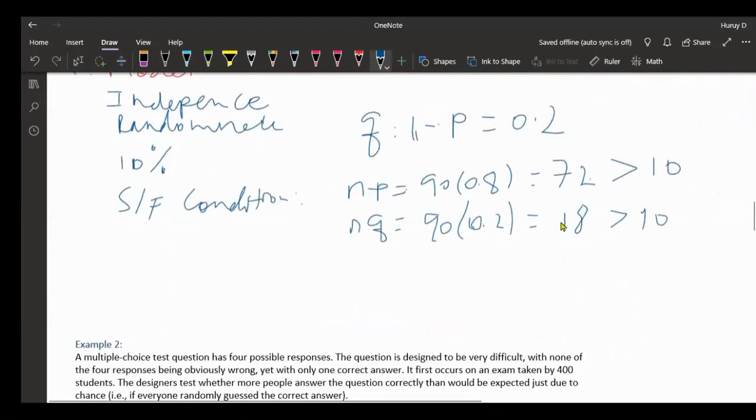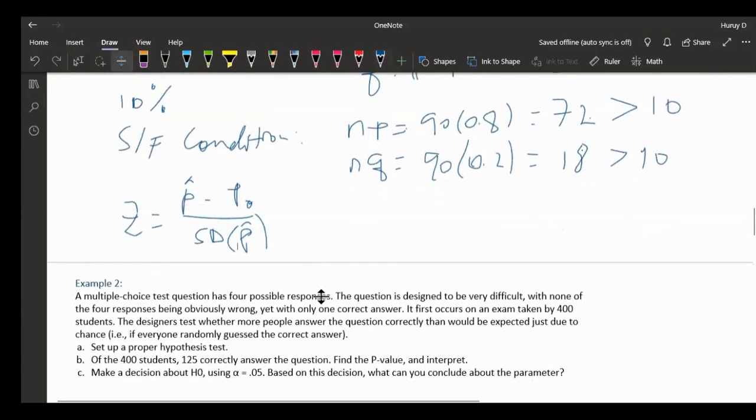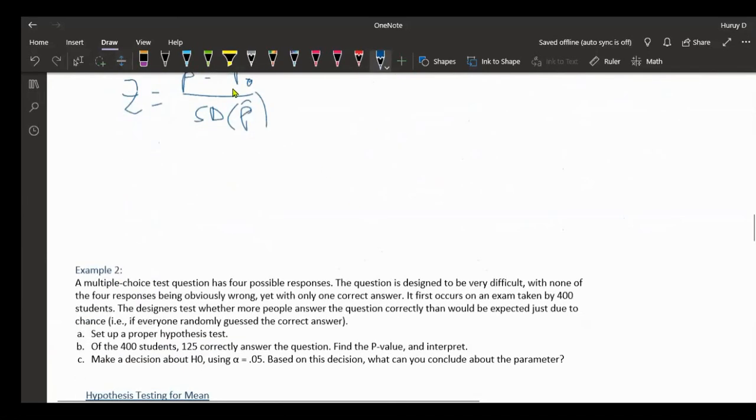So my formula to find the standardized value is Z equals P hat minus P sub naught over the standard deviation of P hat. Now the next step is to find the values.